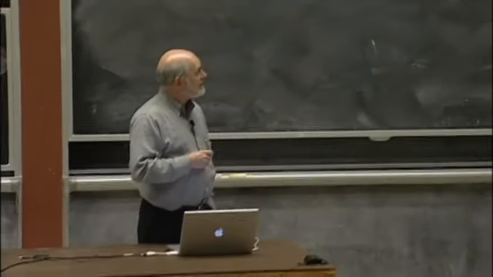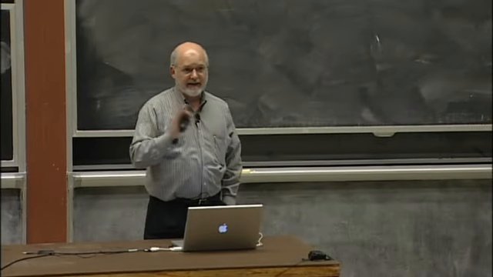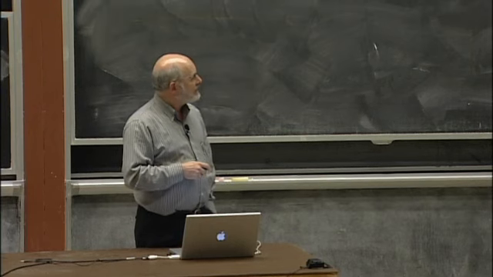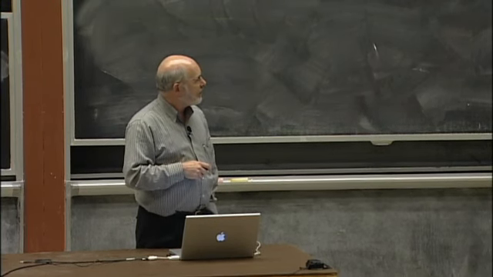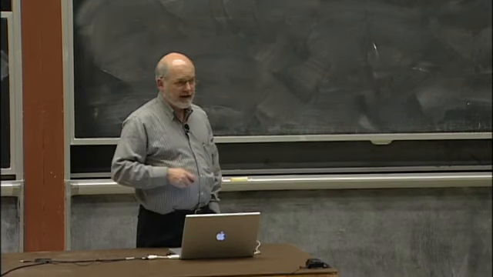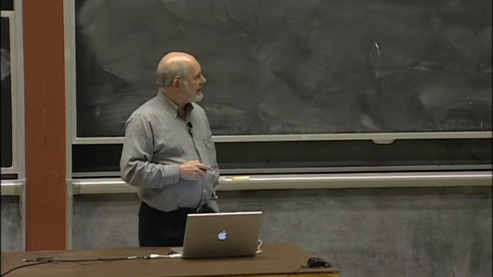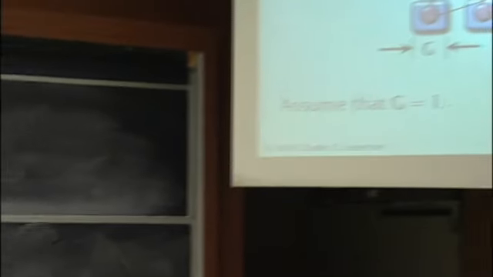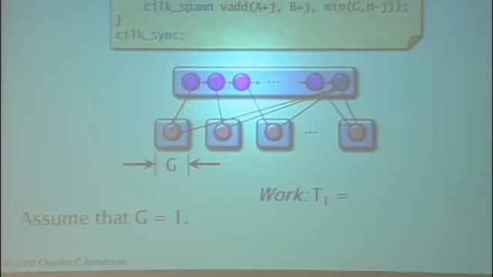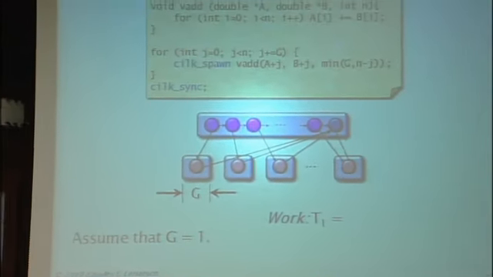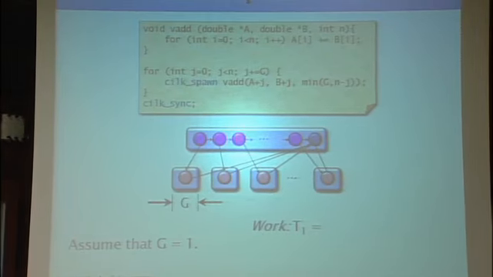So let's assume for this analysis that G equals 1 to make it easy, so we don't have to worry about it. So we're simply spawning off one thing here, one iteration here, all the way to the end. Okay? So what is the work for this if I spawn off things of size 1? Asymptotic work. Yeah, it's order n, because I've got n leaves and I've got n guys I'm spawning off, so it's order n.